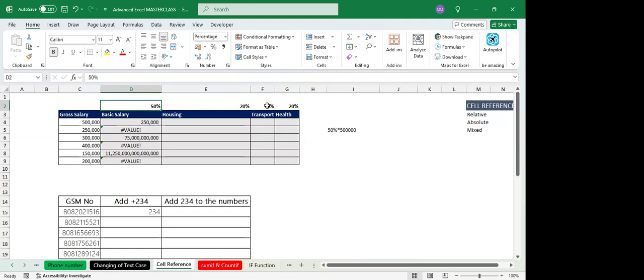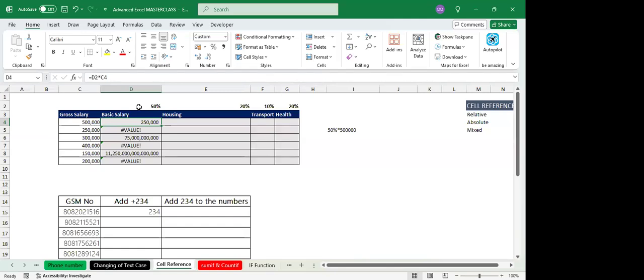Now, the actual meaning is not just that I want to lock it. As I move down, I've been going vertical, not horizontal. So as I move down, C4 can change, but this D2, I don't want it to change.